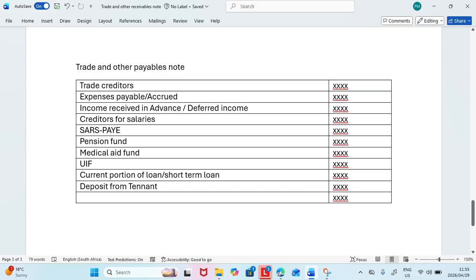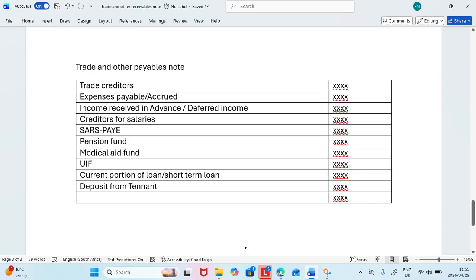Once you agree with the tenant to say, hey, I can see that you are planning to move out in the next financial year, and then now you want your deposit, I am going to pay your deposit in the next financial year. So you record this amount as deposit from tenant. All right, so let us proceed.